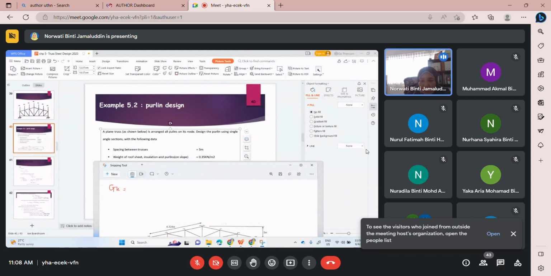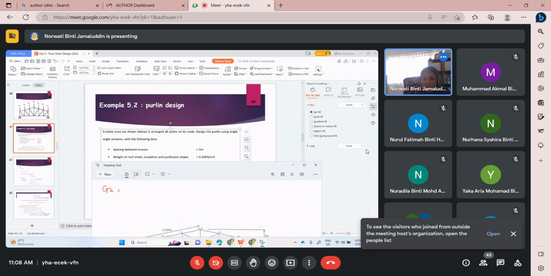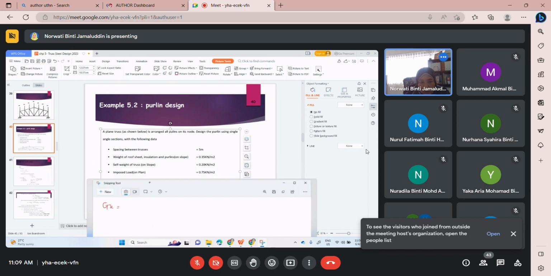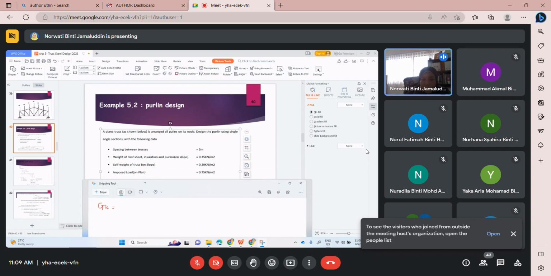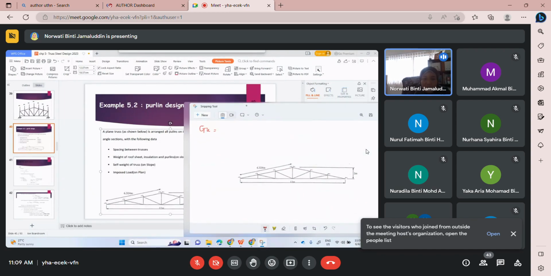The load is on slope, which is logical because of course the installation of the roof sheet will be related to the angle of the truss. And then we have self weight of truss, and then we have imposed load on plan. Okay, so we have two types of GK.